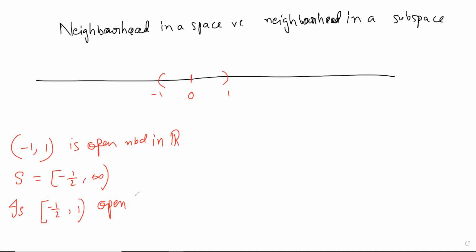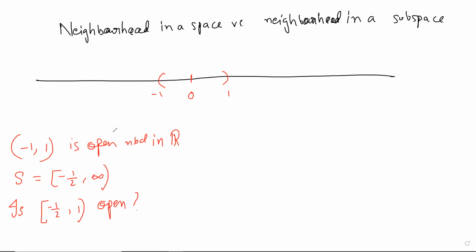This is not a well-defined question. When you say open, you have to say open where. If you ask whether (-1/2, 1) is open in R, then obviously the answer is no. It is not open in R.